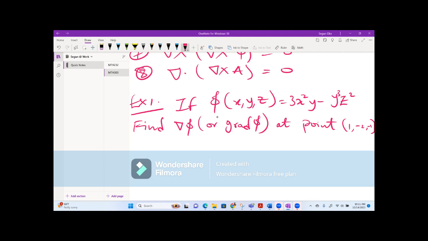All right. So the first thing you need to do is define your del phi. Our del phi is what? It's going to give us d/dx i plus d/dy j plus d/dz k.